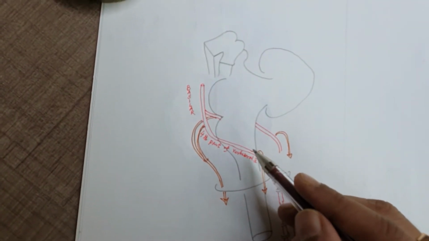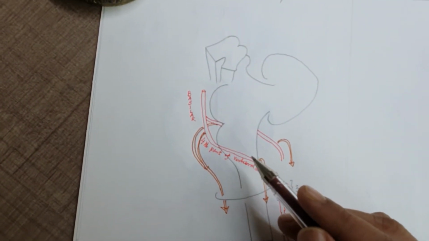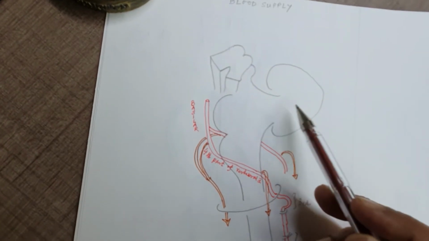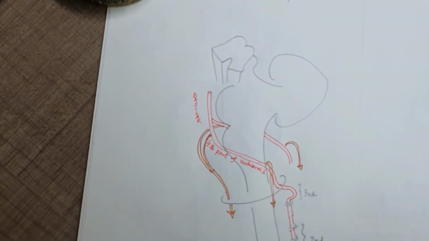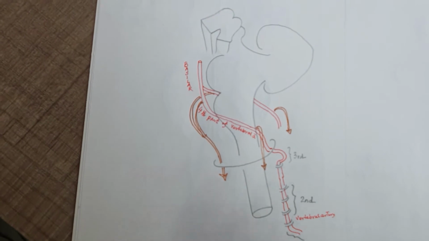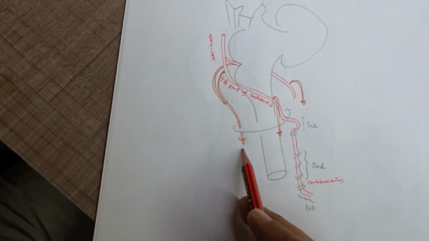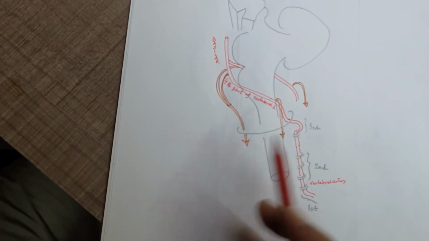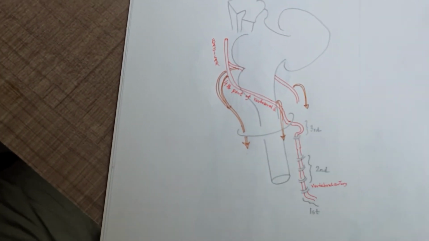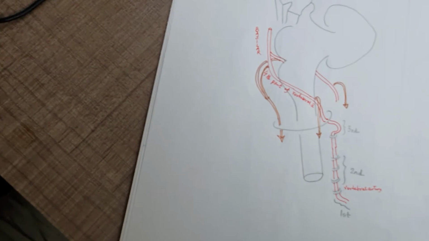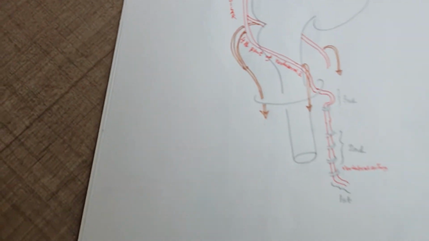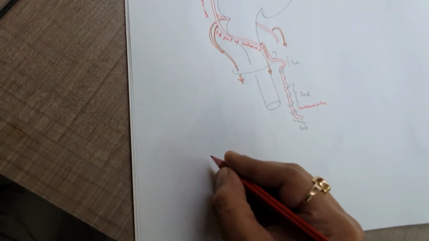From the fourth part of vertebral artery, we also get many branches to the cerebellum, which will come later. So in spinal cord part, we get one anterior spinal artery anteriorly and two posterior spinal arteries posteriorly.